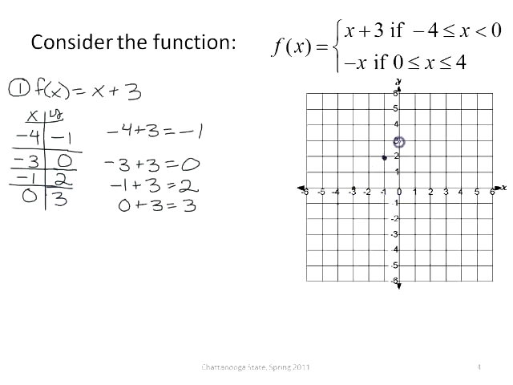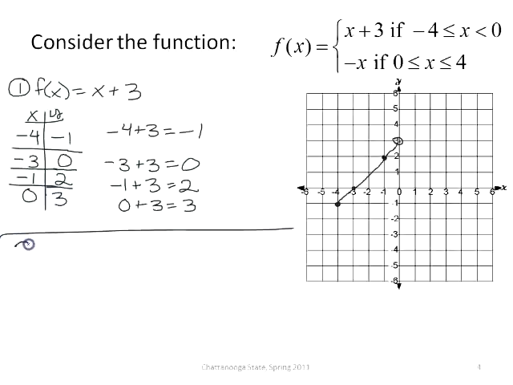And 0, 3 is here. Now I need to be a little careful. I want to include the end value at -4 because I have the equal mark with the -4 part of the inequality. But I don't want to include this end value, so I want to make it an open circle. So here is the first part of my piecewise function.